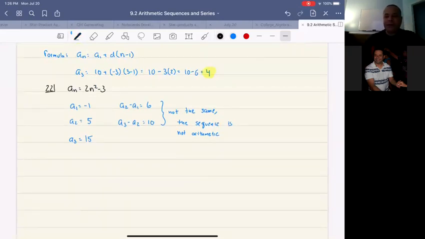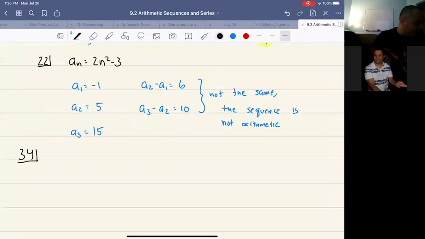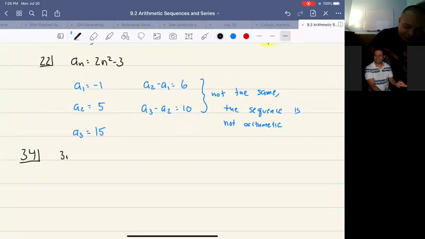Another type of problem that we are given is, for example, number 34. They give us the following information. The third term, which we should think of as a sub 3, is 15, and the 21st term, which we should think of as a sub 21, is 87.